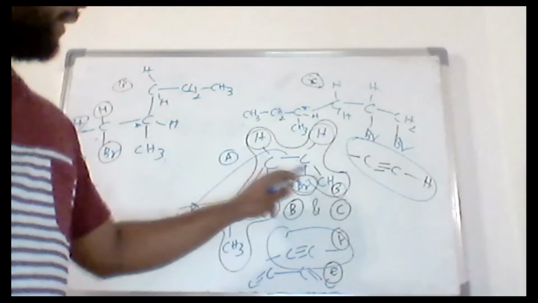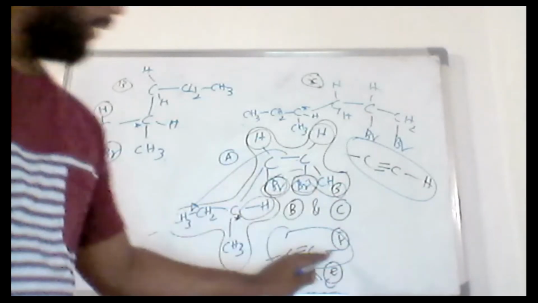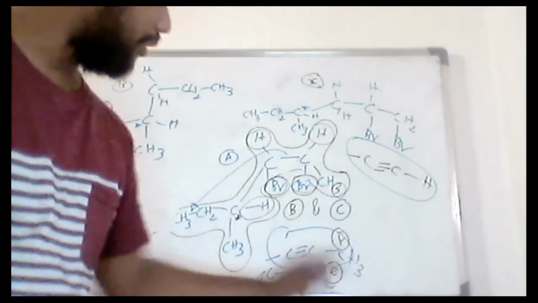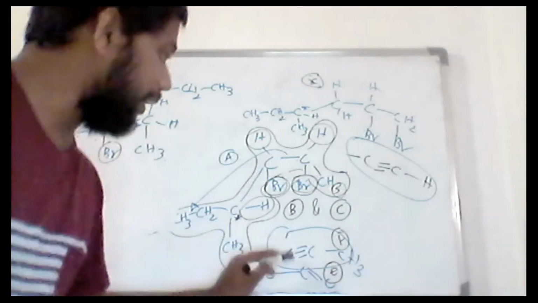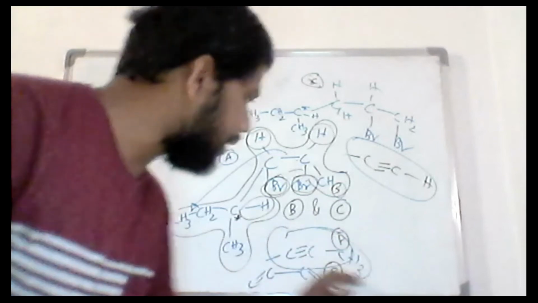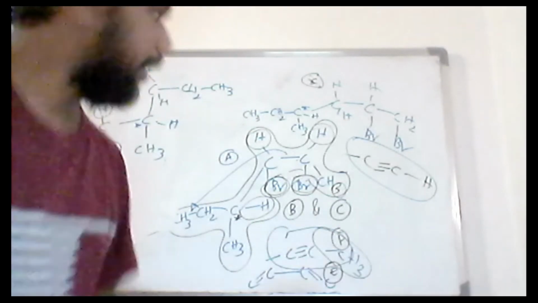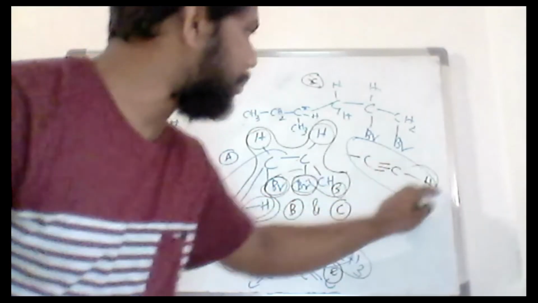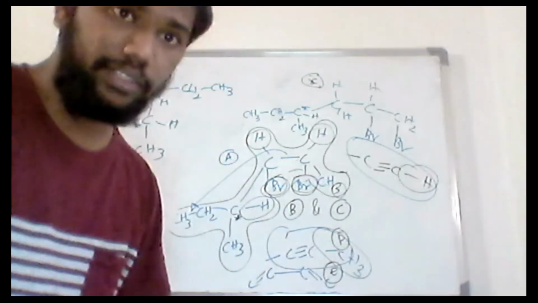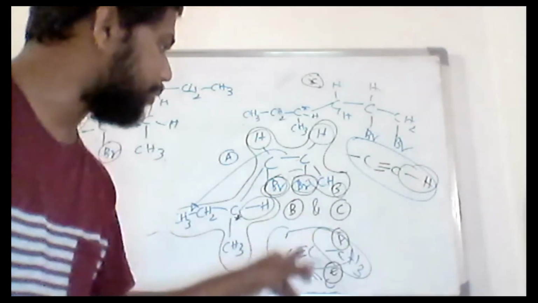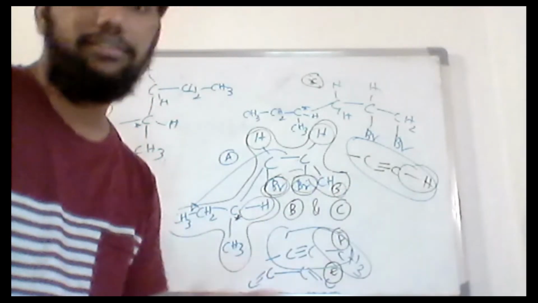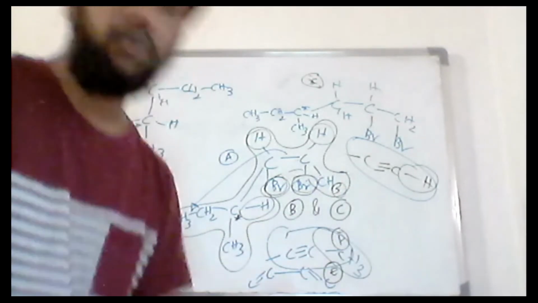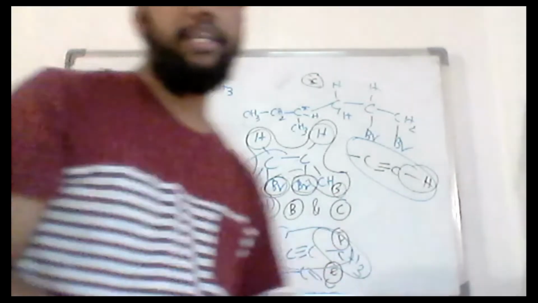So F has a triple bond and a CH3 group here. Easily you can identify this alkyne does not have a terminal hydrogen which is acidic, but this alkyne has a terminal hydrogen which is acidic. So it is very easy to distinguish between them by using the ammoniacal silver test or the ammoniacal cuprous chloride test.